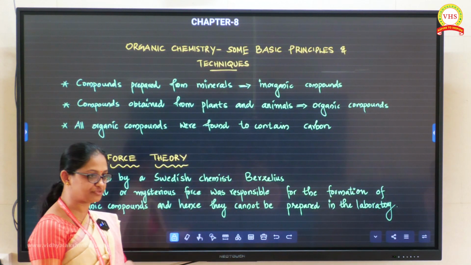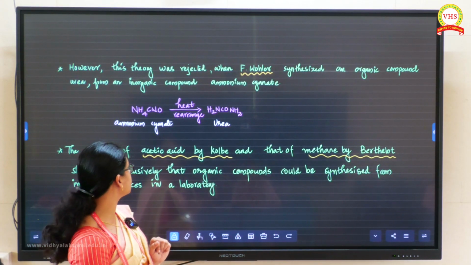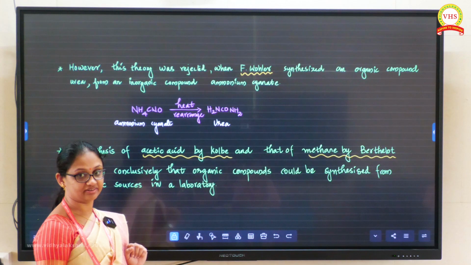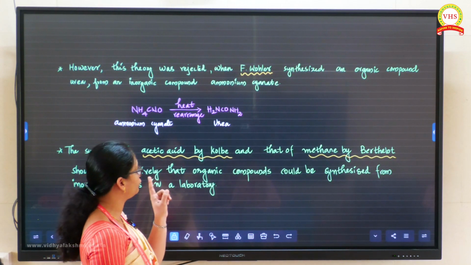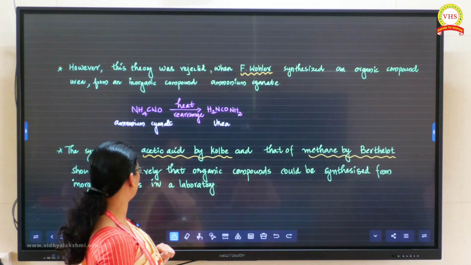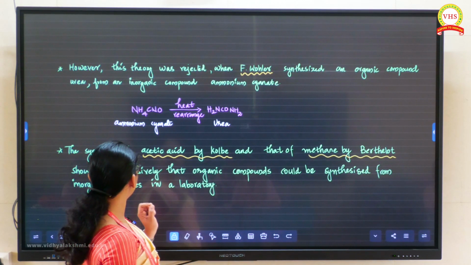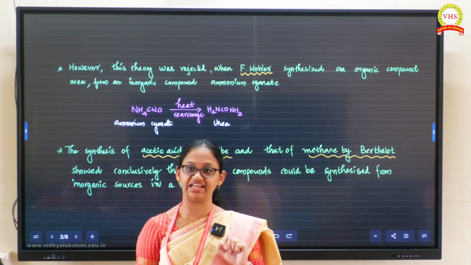But later, the vital force theory was rejected. Why? Because another scientist, F. Wöhler, synthesized an organic compound, urea, from an inorganic compound, ammonium cyanate.